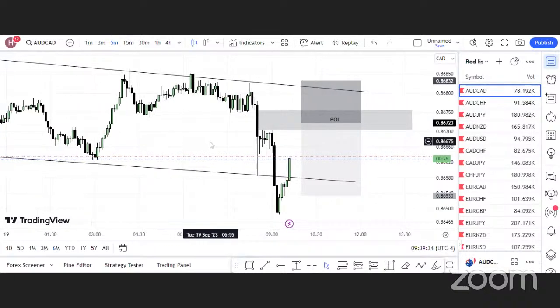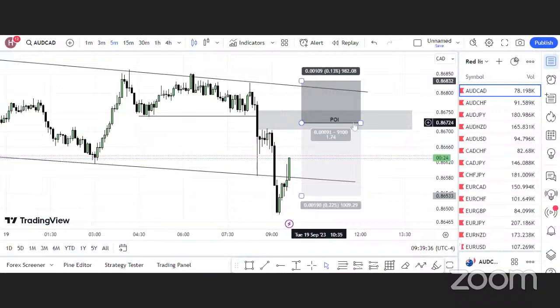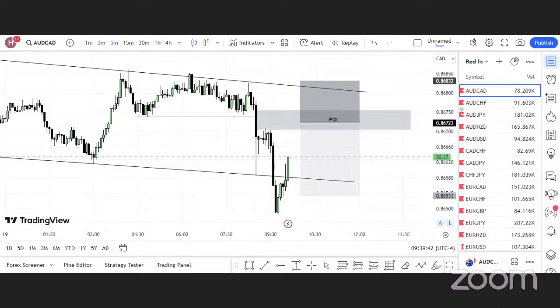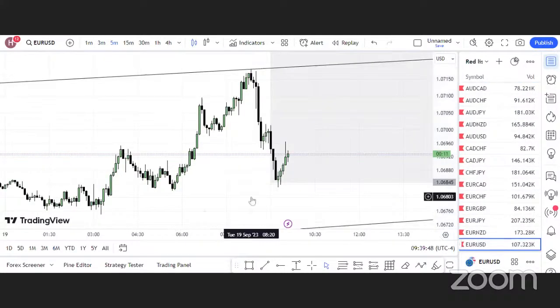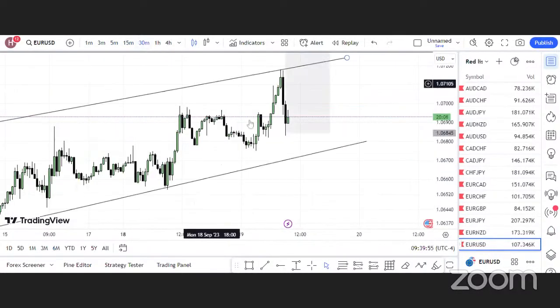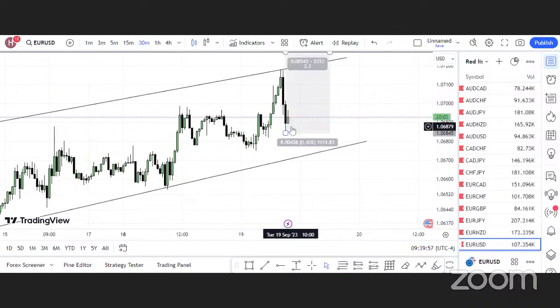So the AUD CAD is still going close to our point of interest. That is our resistance zone, right? And then we made analysis on the Euro USD also. Let's check that out. Okay, so we were waiting for the price to get to this point to give us a buy entry.